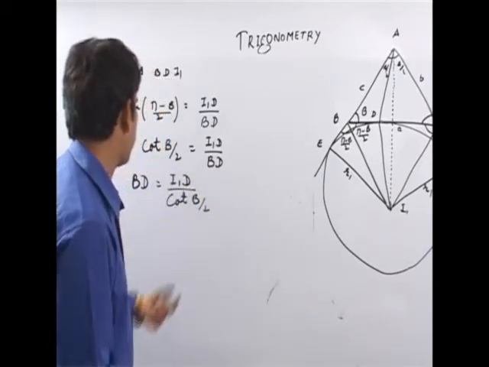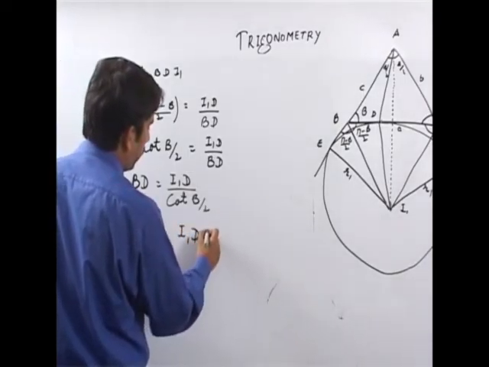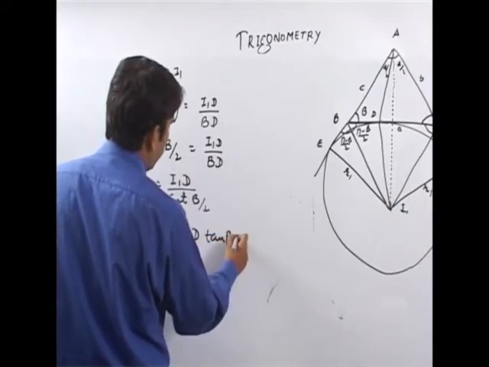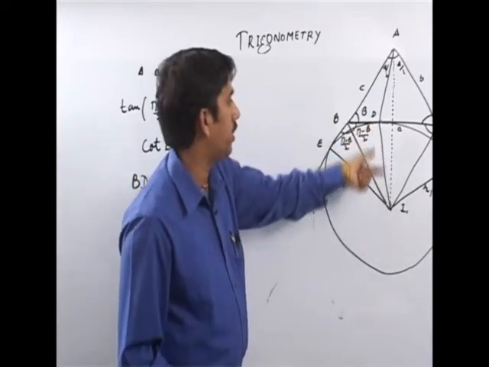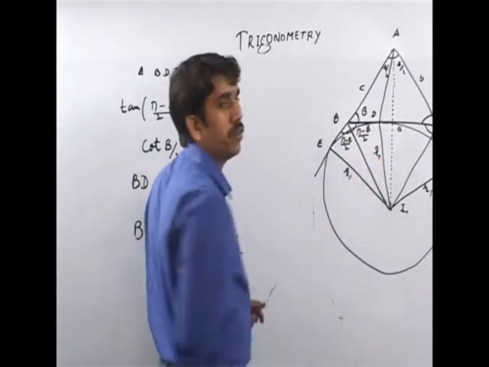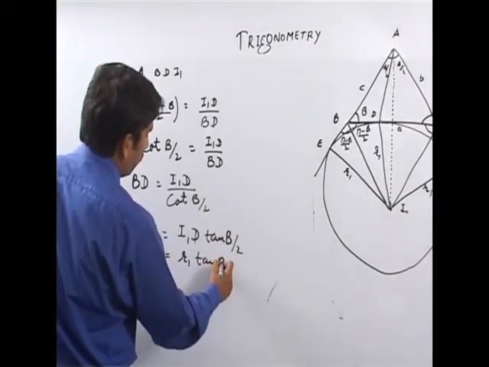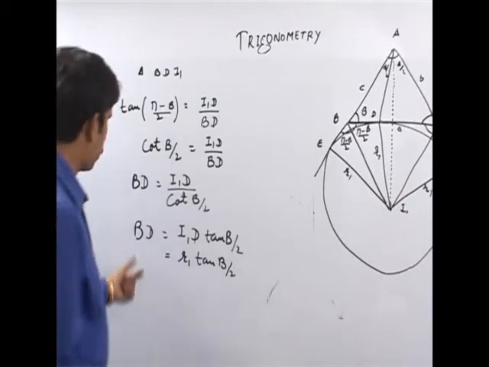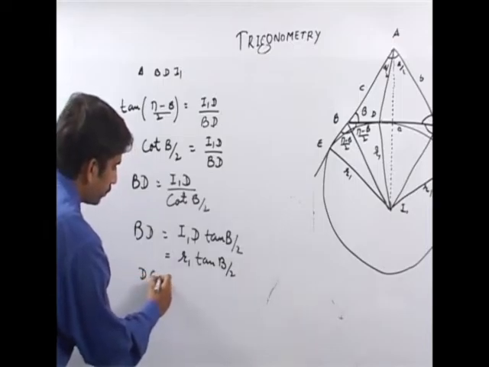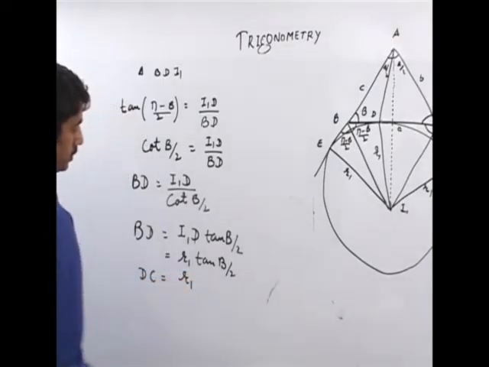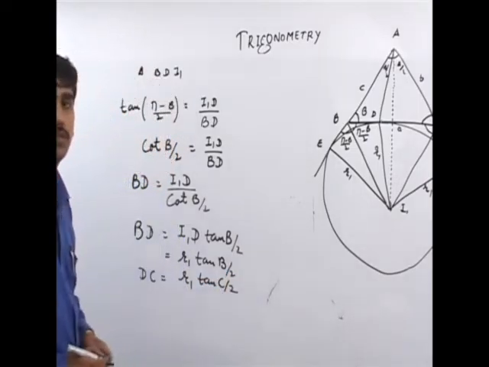Now this cot B by 2 will come in the numerator, and this will become tan of B by 2. This I1D is nothing but the ex-radius, so you can say R1. This will be equal to R1 tan of B by 2. Similarly, you can prove that DC is equal to R1 tan of C by 2.